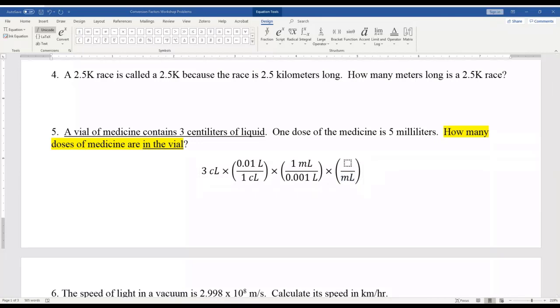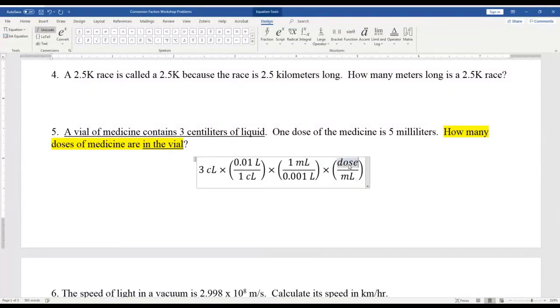What can I convert milliliters to? Doses, very good. And how many milliliters does it take to equal a dose? Yep, you got it. 5 milliliters is equal to 1 dose.